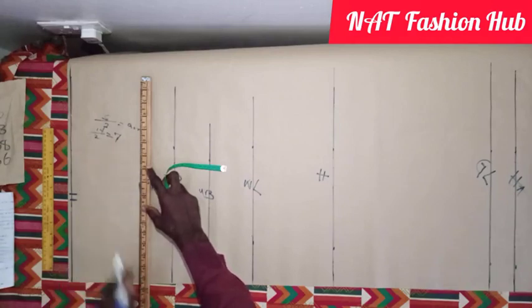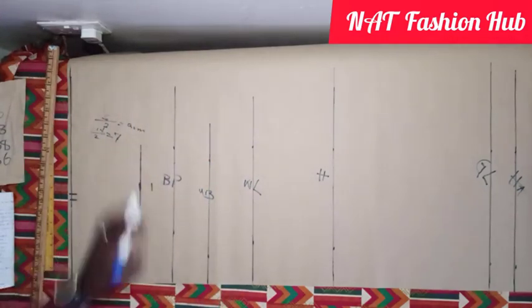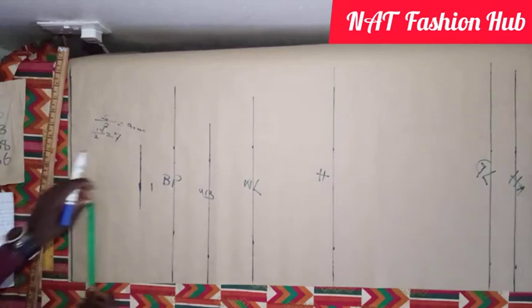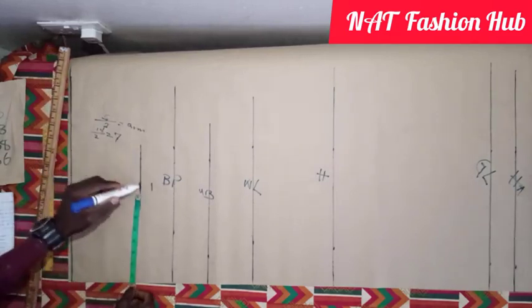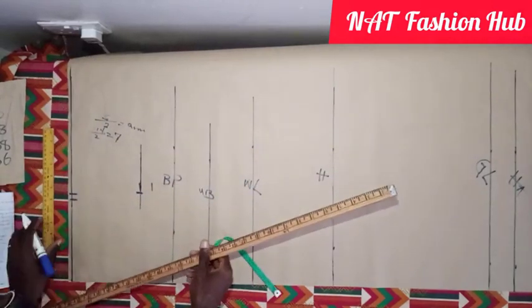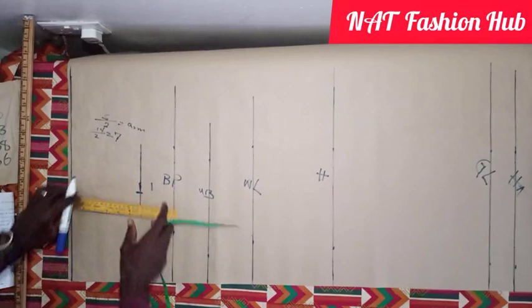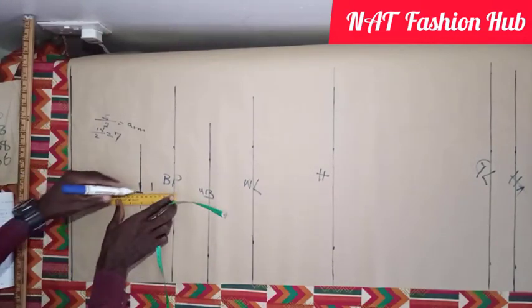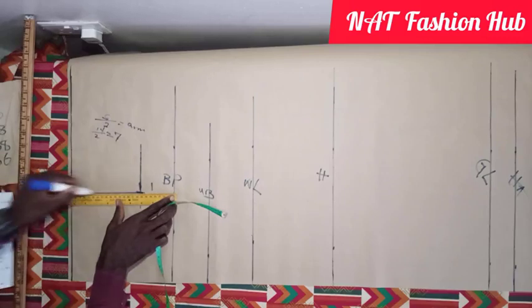This is 6. So we are having 7.5 here. We're extending 7.5 down, so that we can curve our arm.